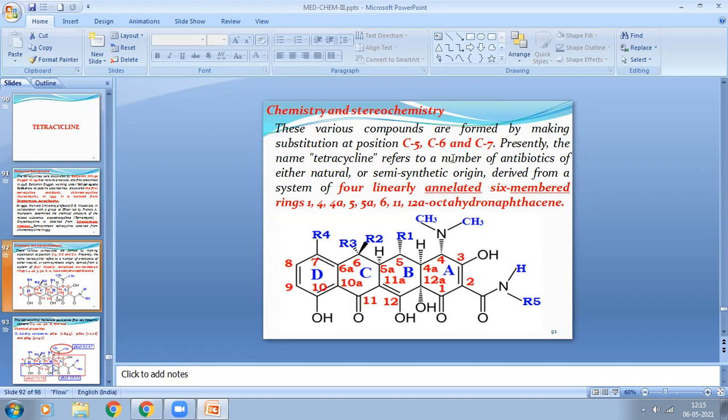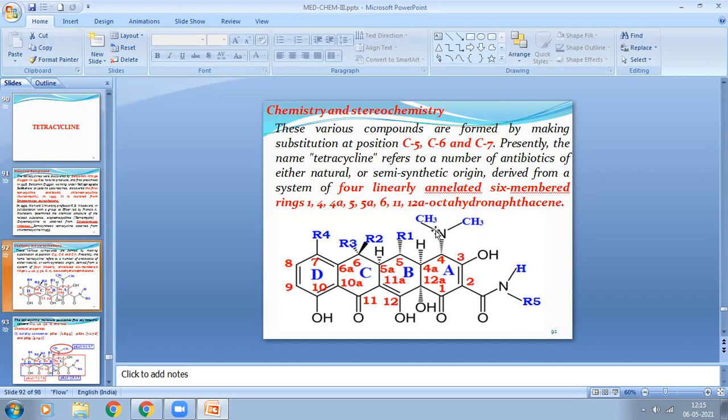Presently the name tetracycline refers to a number of antibiotics of either natural or semi-synthetic origin derived from this system. Whatever tetracycline is obtained is either semi-synthetic or natural.